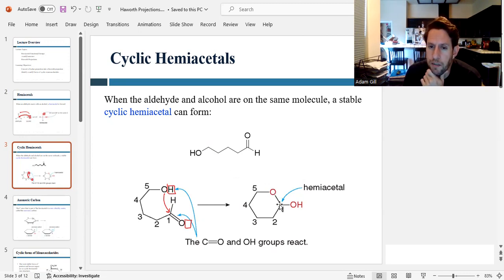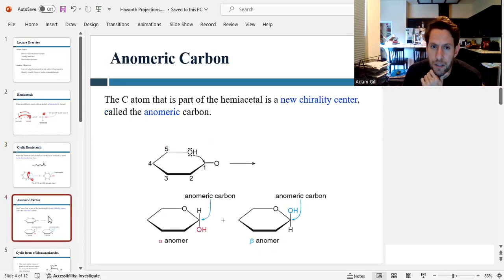Now, this carbon here, the hemiacetal carbon, is technically a chiral center now. And so when we close the ring, we're creating this new chirality center. And chiral centers can be either L or D, as we talked about in the previous video.